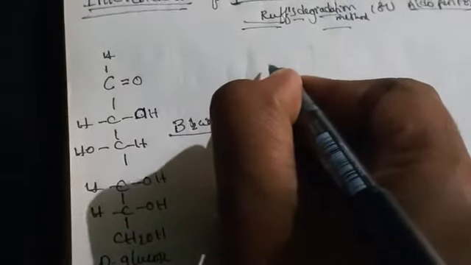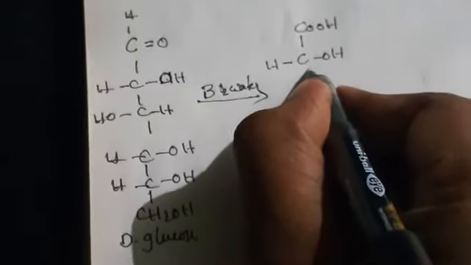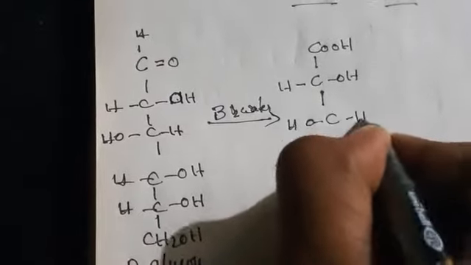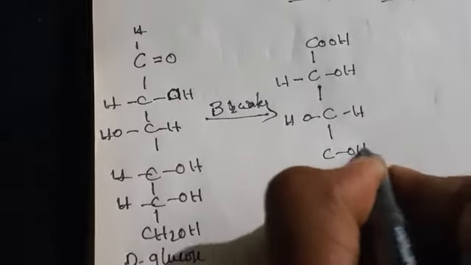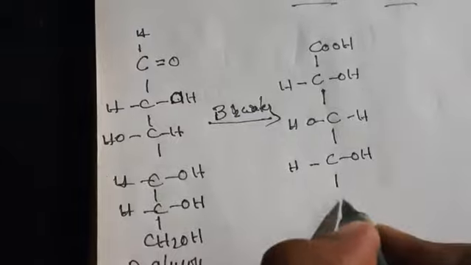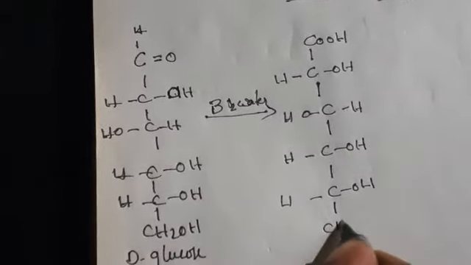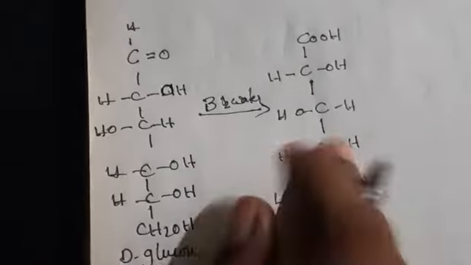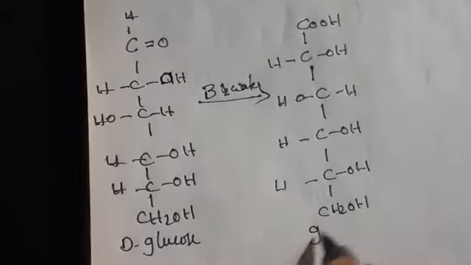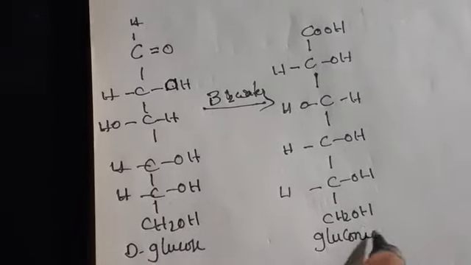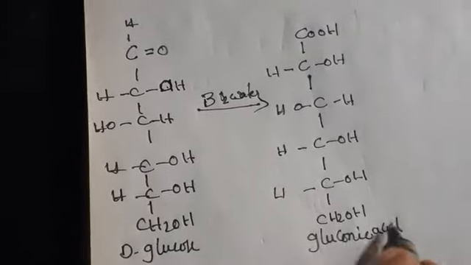So you are going to get COOH, H, OH, H, OH, H, OH, H, CH2OH. This one we call gluconic acid, because the acid group is present.